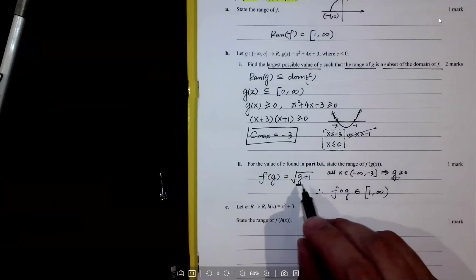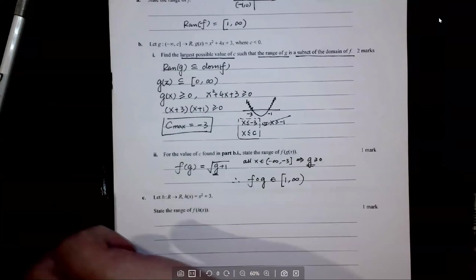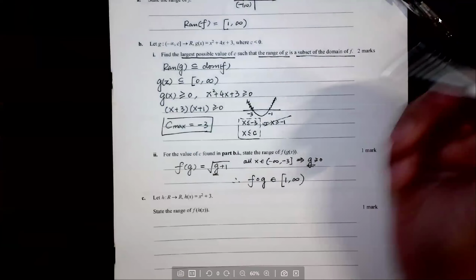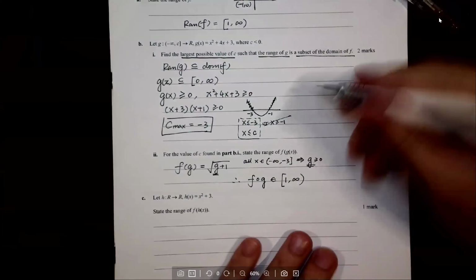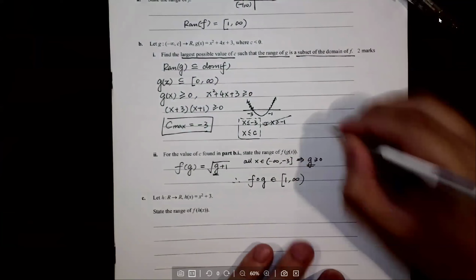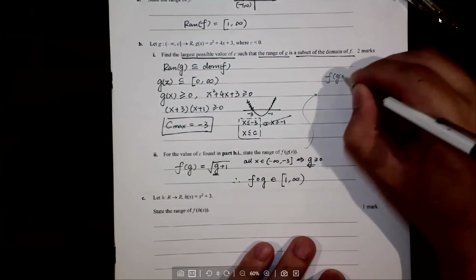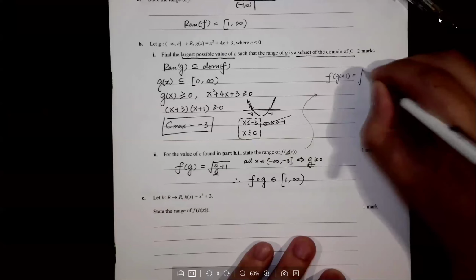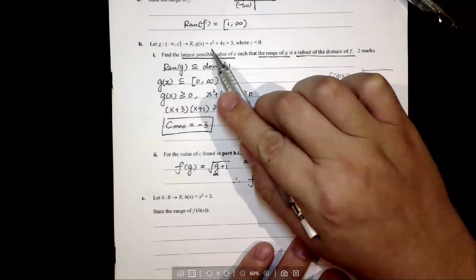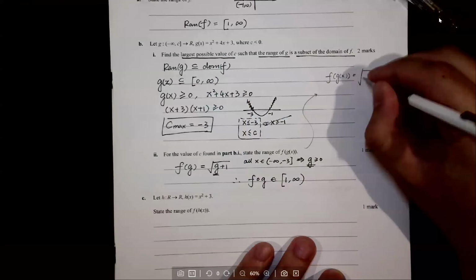Alternatively, if you really want to use an explicit form, I'm going to put another possible method here, which is slightly pushing the boundary. Say fg(x) = √(x² + 4x + 3 + 1).